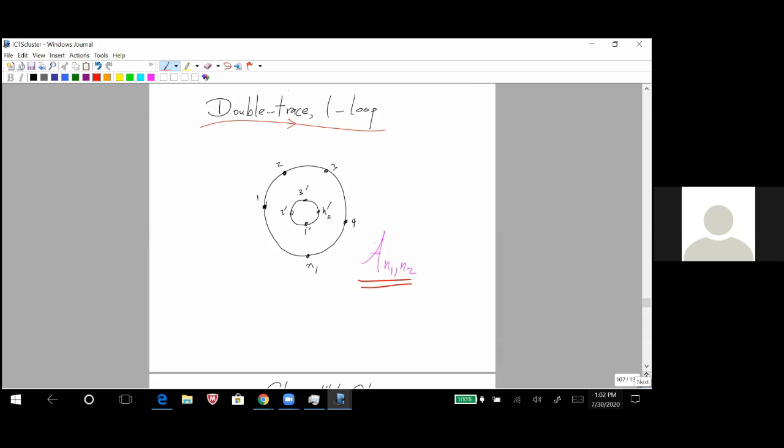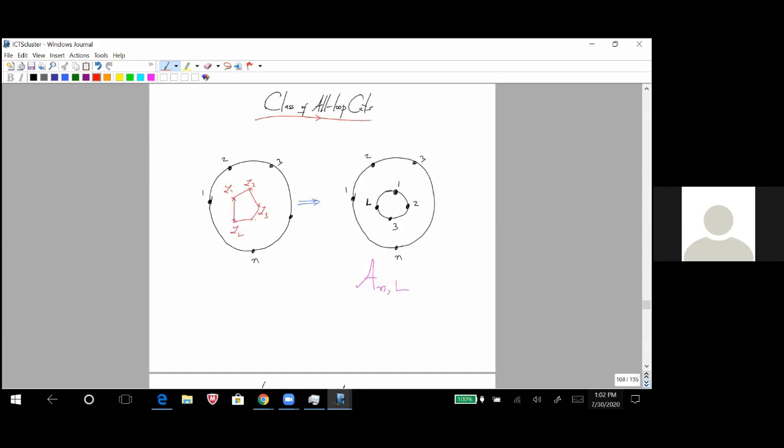By the way, you can also interpret this as an all-loop cut. If I just take planar diagrams with L loops on the inside, but I have a class of diagrams where I'm cutting the internal loops between all L of them, then doing that is like adding already a lot of arcs in any triangulation that I would draw. So restricting myself to that cut is restricting myself to drawing some of these lines in here already.